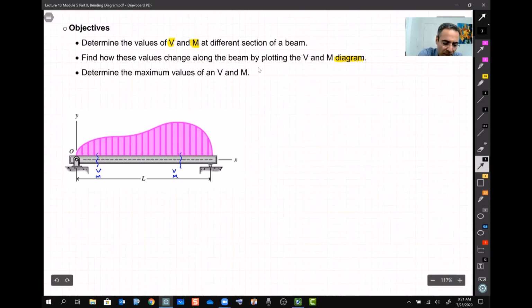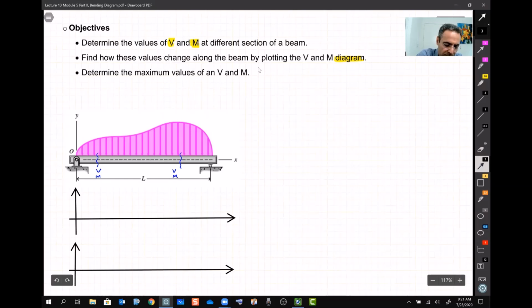So another objective is to see how this V and M change. To see that, we draw two diagrams, known as the V and M diagram, or shearing force and bending moment diagram. Let's say for this beam, I'm randomly drawing something, just made up. Maybe the graph looks something like that. We don't know.